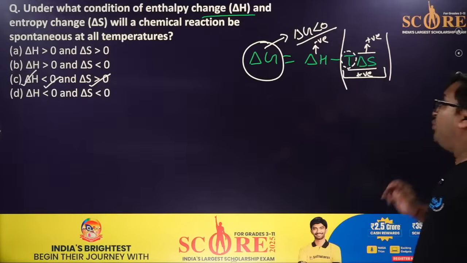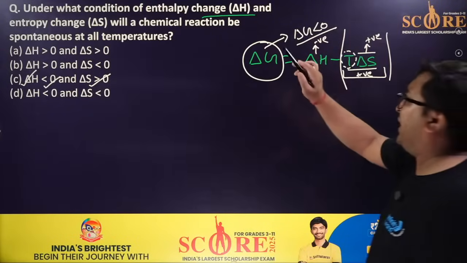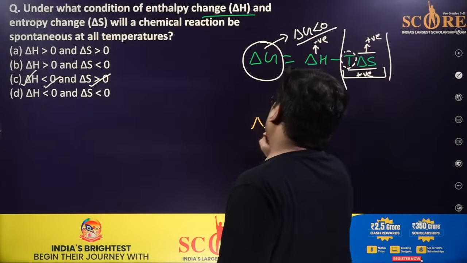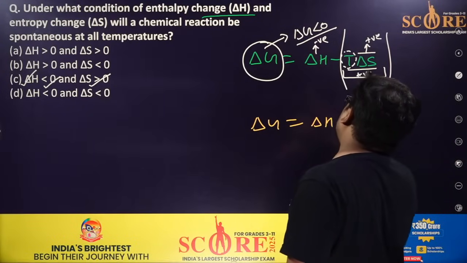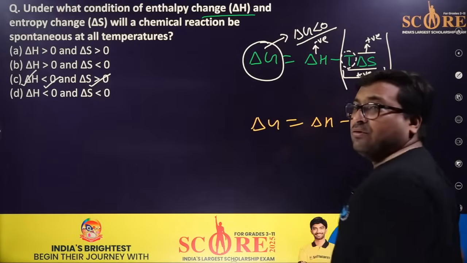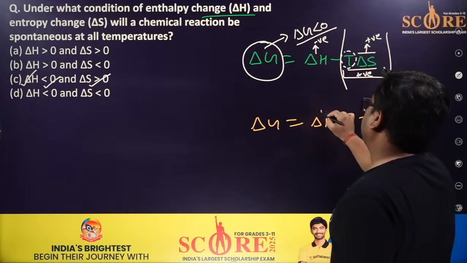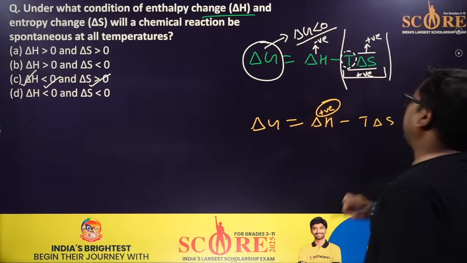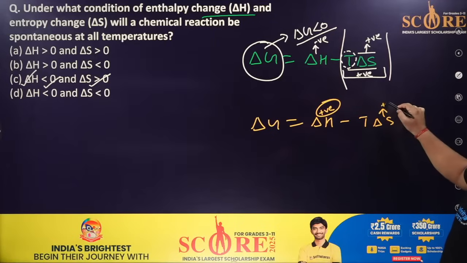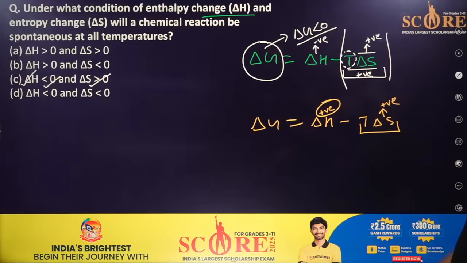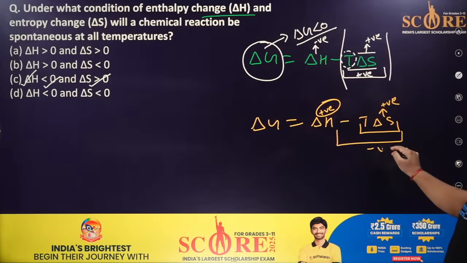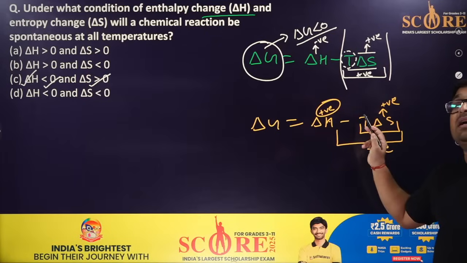Let's see. According to you, if I go for option A, and I write down minus T delta S, and delta H is positive, it becomes very risky. Suppose this is positive, so of course the whole term becomes negative. But now it depends upon the temperature.